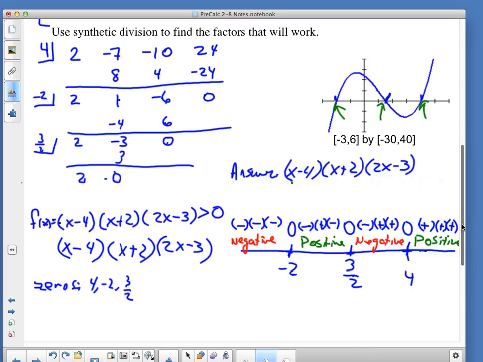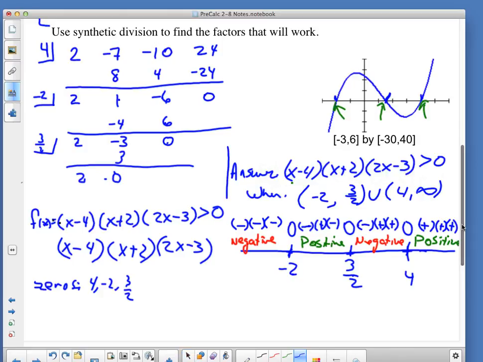I can actually get it greater than 0 when it's not equal to, excuse me, negative 2 to 3 halves and 4 to infinity. So that's my answer. This is my supportive work.